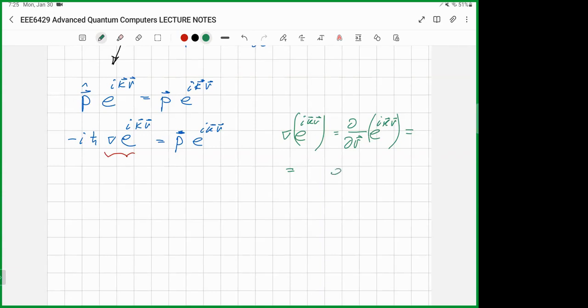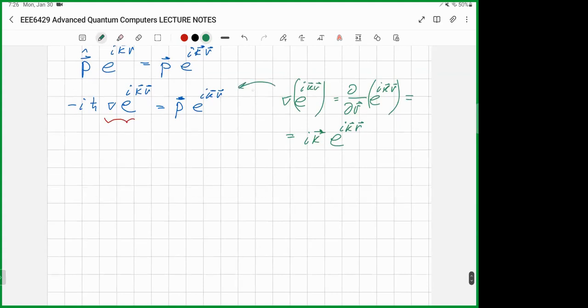The result is the exponential function itself, as you very well know, times the derivative of the exponent, ikr. So it gives me i k vector.